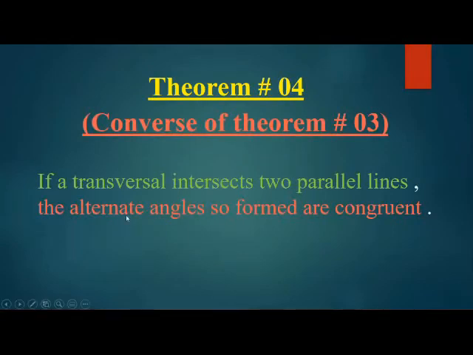It means that whenever there are two lines, this is L and this is M, parallel to each other, and a transversal cuts the lines, the alternate angles so formed are congruent. So what do we have to prove?